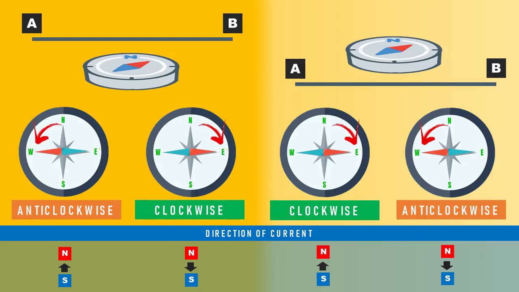Now in the second figure, current is from B to A, from north side to south side. The deflection of the magnetic needle is again towards the left of the conductor. In the north-south direction, left side is east. So it will move towards east, and the direction of deflection is clockwise.